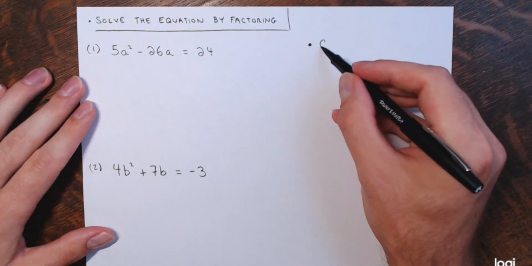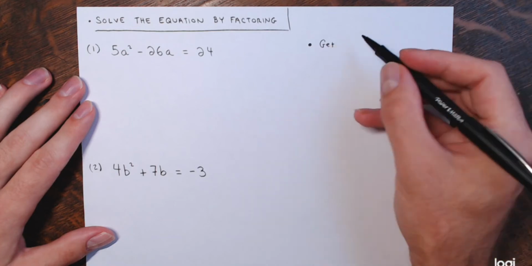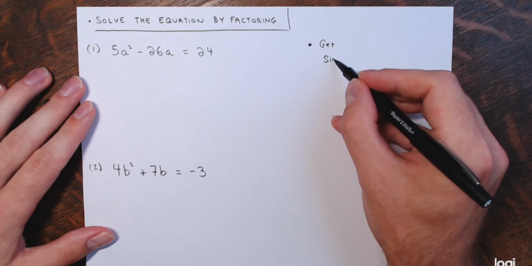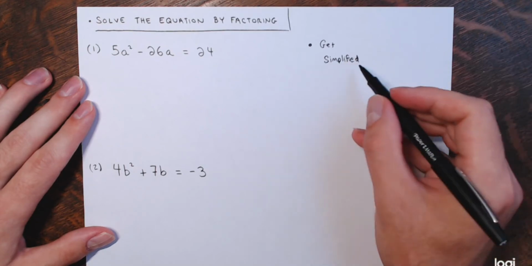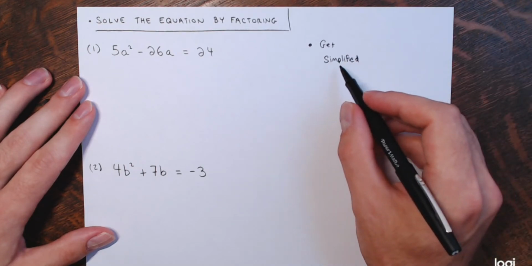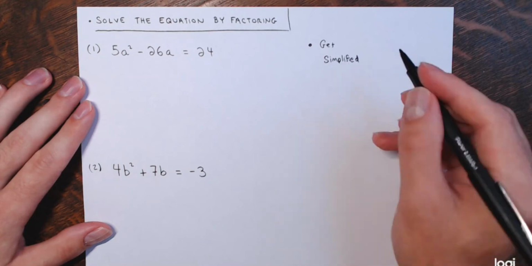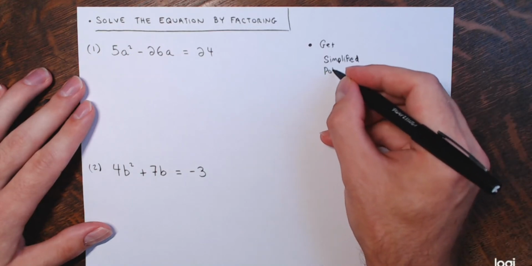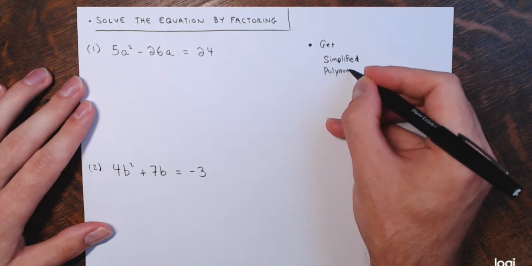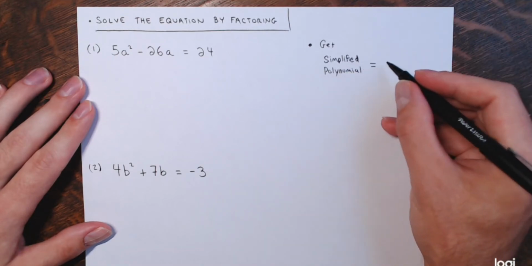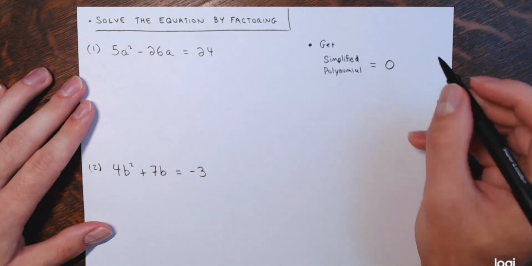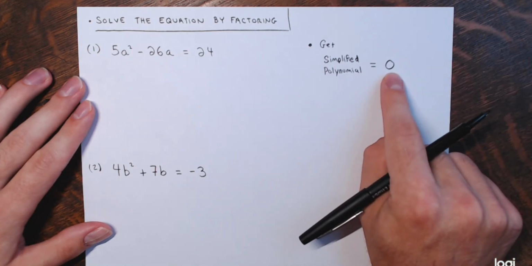First, I want to get a simplified polynomial, and by simplified, I mean no parentheses, like terms are combined. I want a simplified polynomial on one side of the equal sign, equals 0 on the other side.